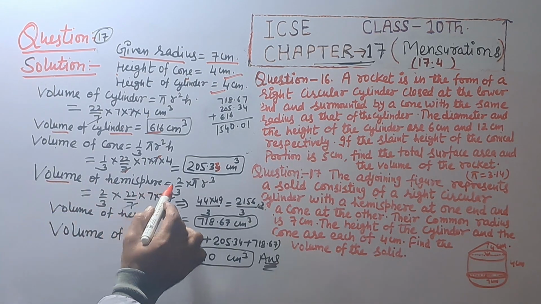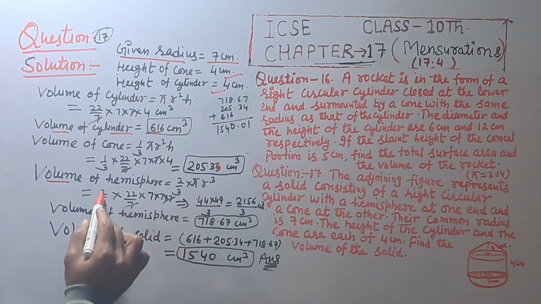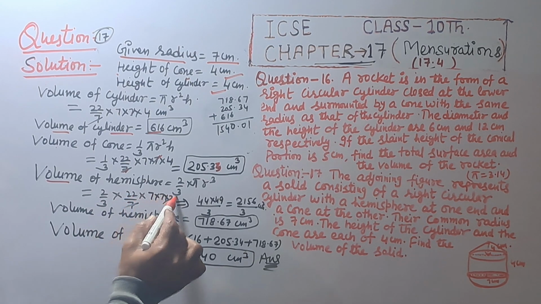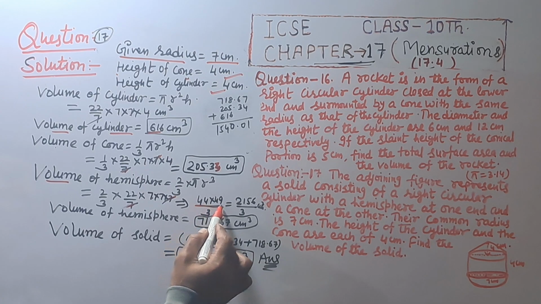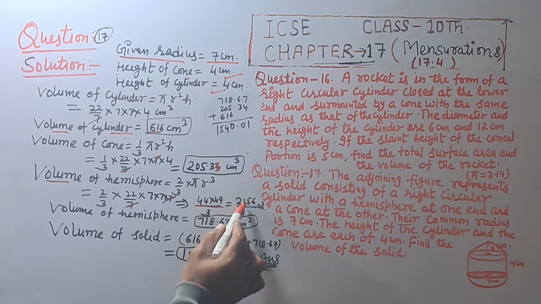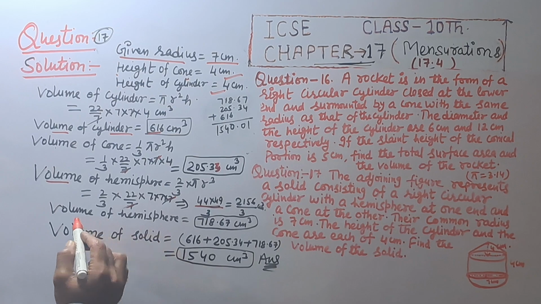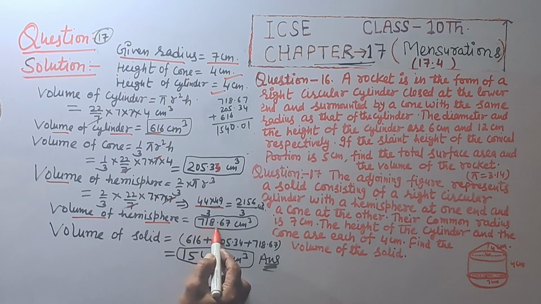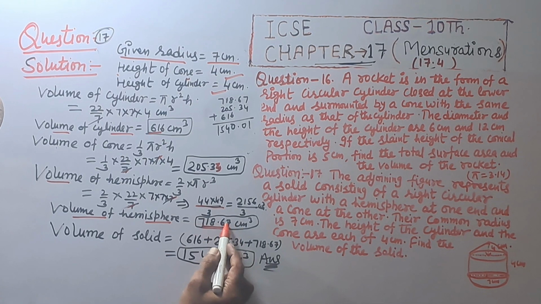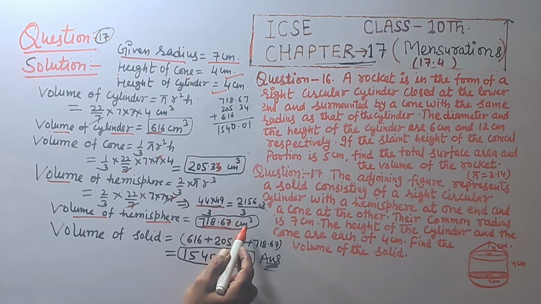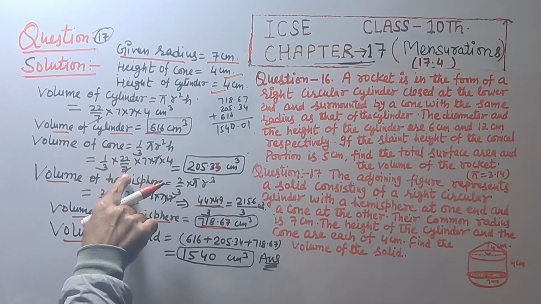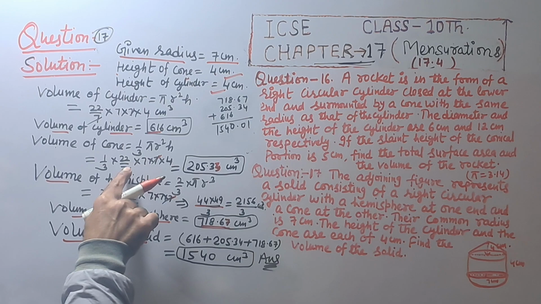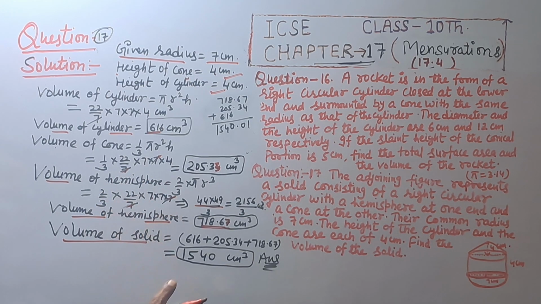Then volume of hemisphere is equal to 2 upon 3 pi r cube. 2 upon 3 into 22 upon 7 into 7 into 7 into 7. 44 into 49, that is equal to 2156 upon 3. So volume of hemisphere approximate value is 718.6766 or 67 approx. So volume of solid equal to volume of cylinder plus volume of cone plus volume of hemisphere.